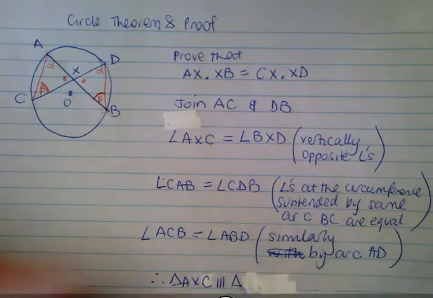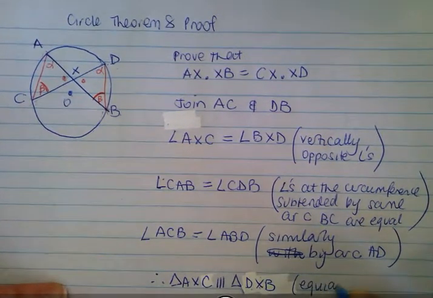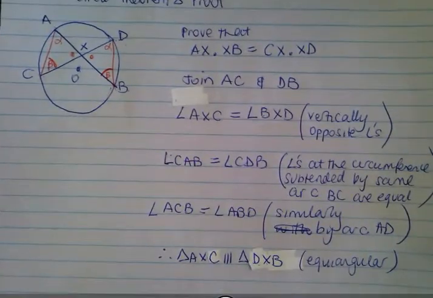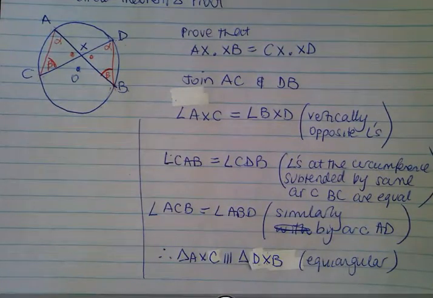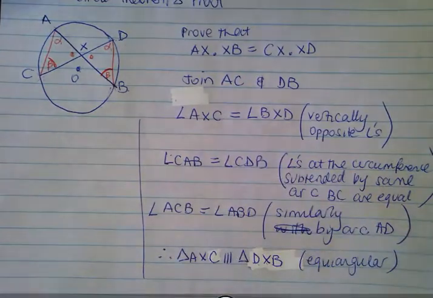Reason: equiangular. Now that they're similar, what sides correspond with which? We don't want to be using sides AC and DB in our ratio statements now.